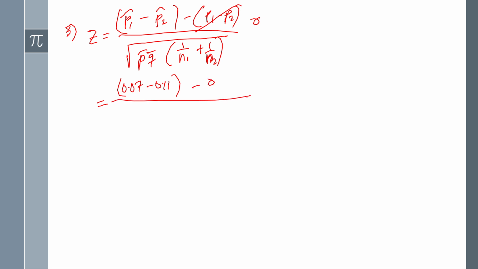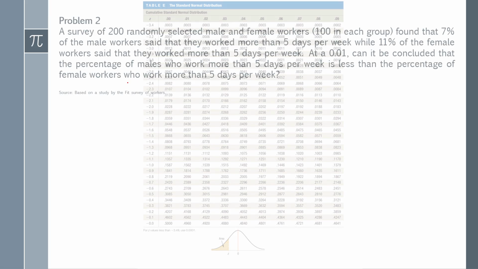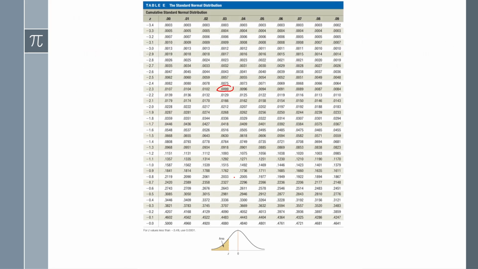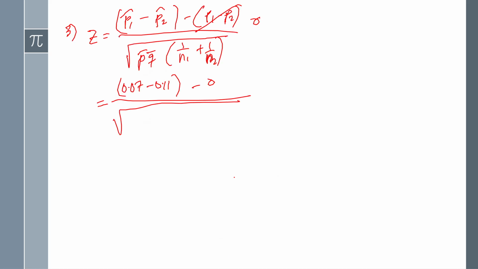So minus 0 over the square root of, substituting the values, our p bar is 0.09 and our q bar is 0.91 times 1 over 100 plus 1 over 100.